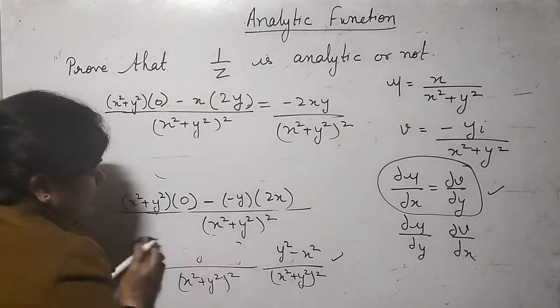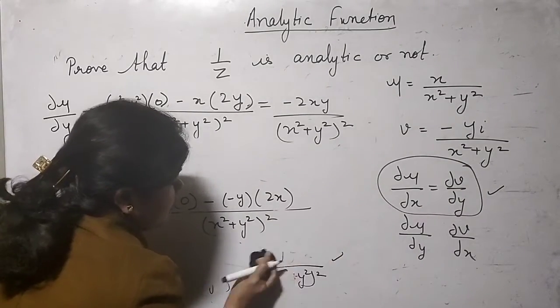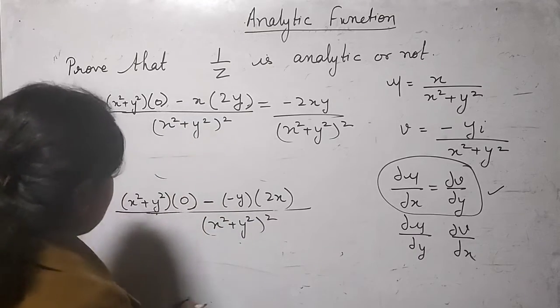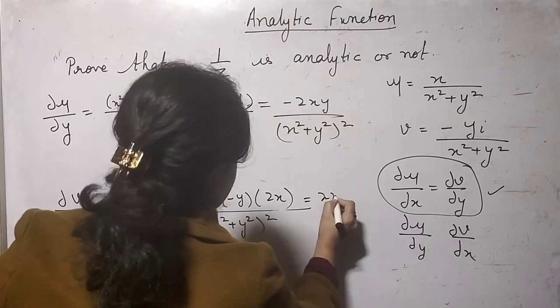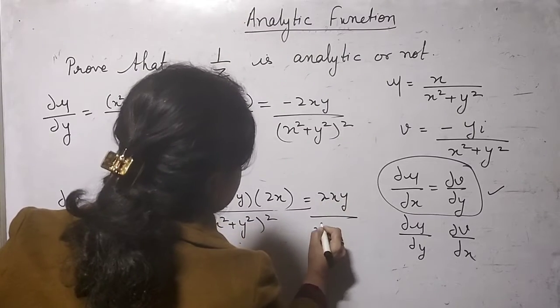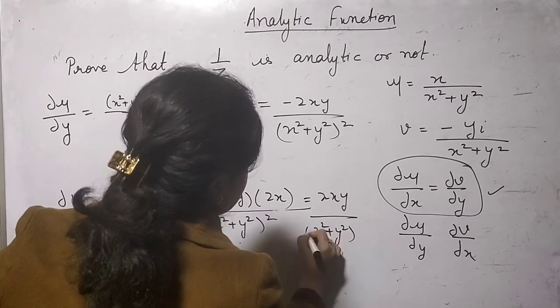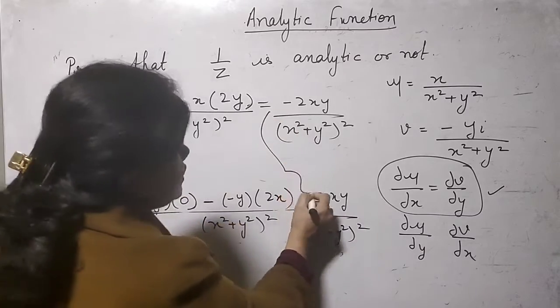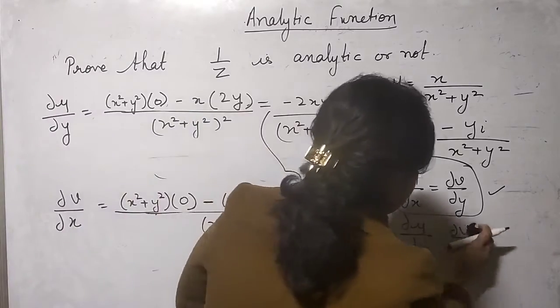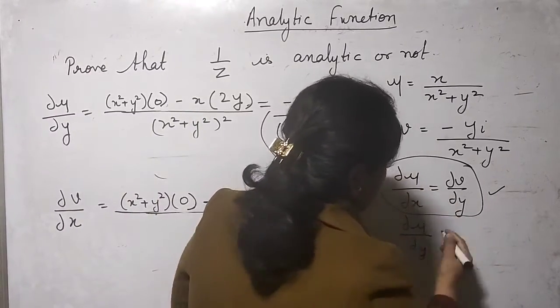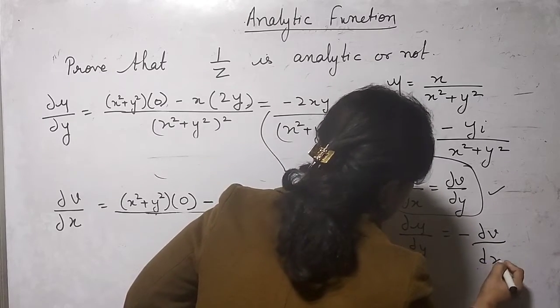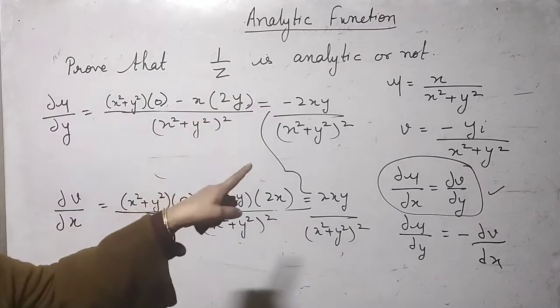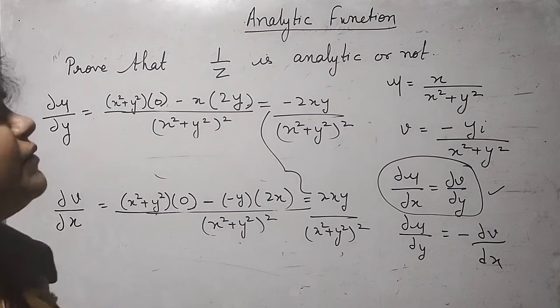Now what we get over here, this becomes 0 and it becomes 2xy over x square plus y square whole square. So these are opposite each other. That means they are equal to each other but with the minus sign. So it proves that 1 upon z is an analytic function.